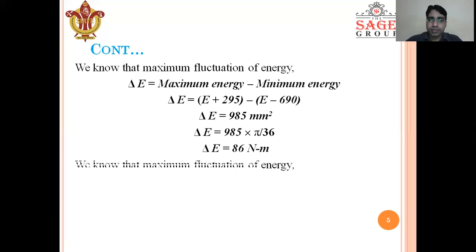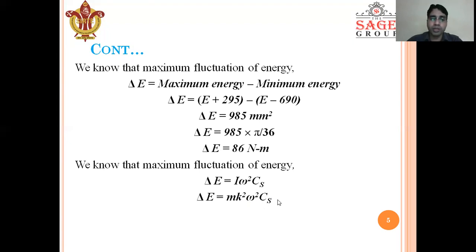We also know that the maximum fluctuation of energy, delta E, equals I omega square CS, the energy stored in a flywheel, where I equals M K square. Here we put delta E equals 86 Newton meter; M and K are given, omega we have already calculated, and the only unknown is CS, the coefficient of fluctuation of speed.